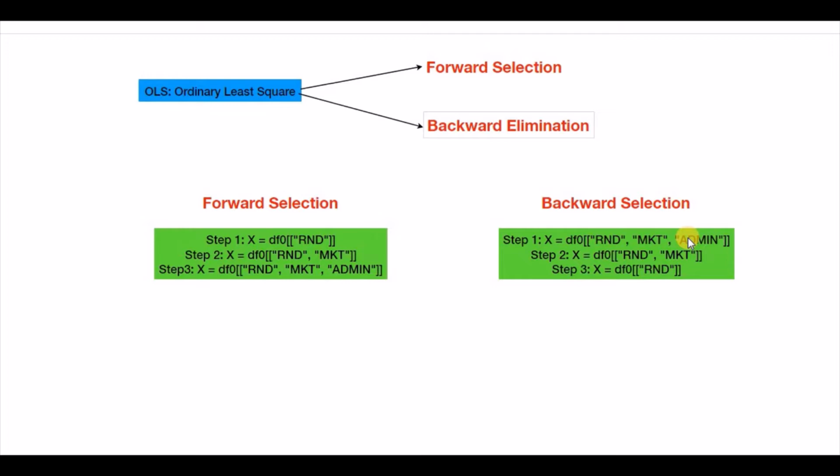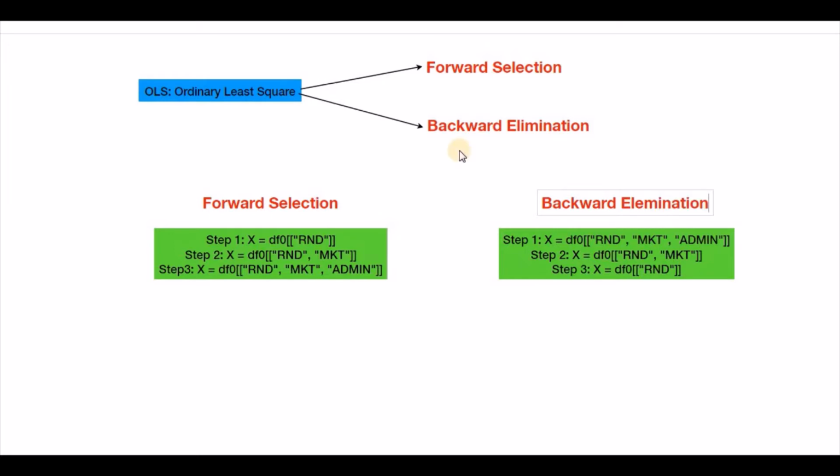So there are 3 parameters we have to see, and I will show you, don't worry. In step 3 also you will see that R&D is working fine, so you can take it. So this is the sequence, step 1, step 2, step 3. You can say here we will delete one predictor, or one feature, at a time.